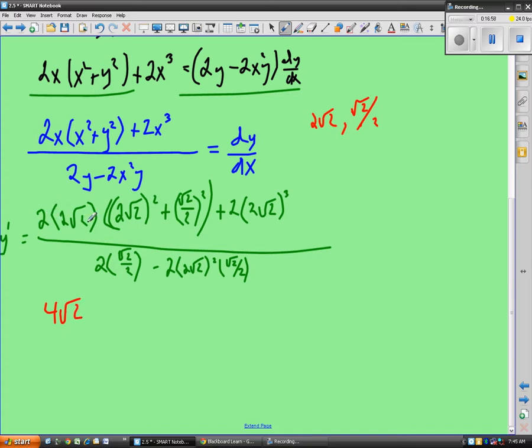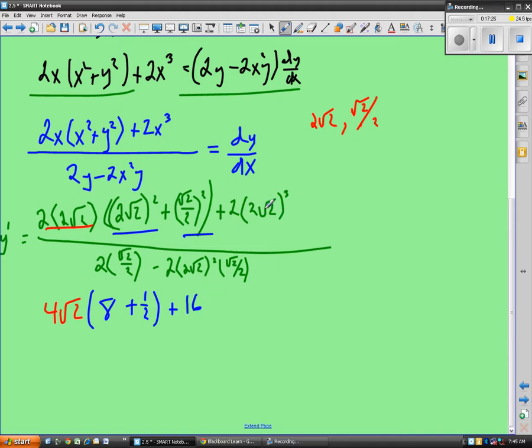This guy squared becomes 4 times 2, which is 8. This guy squared becomes 2 over 4, which is a half. And over here, this becomes 8 times 2, which is 16. And there's another 2 times 2 times root 2. So that's all of that part.